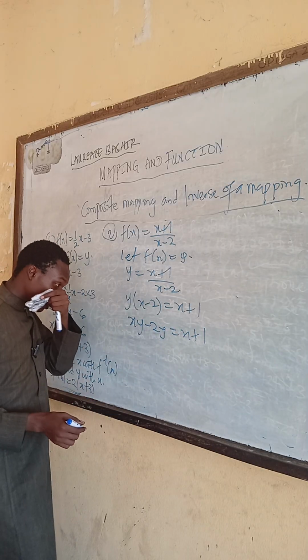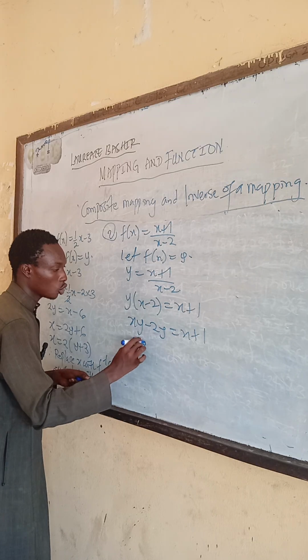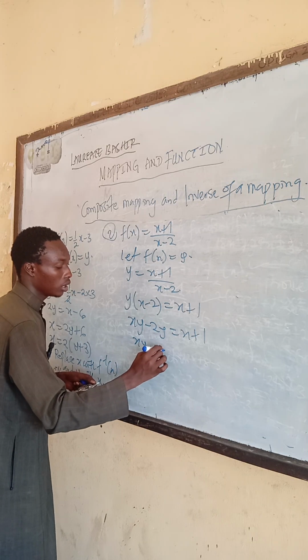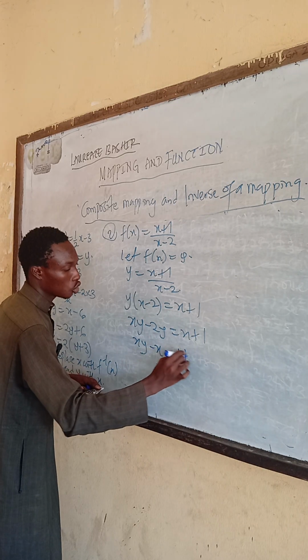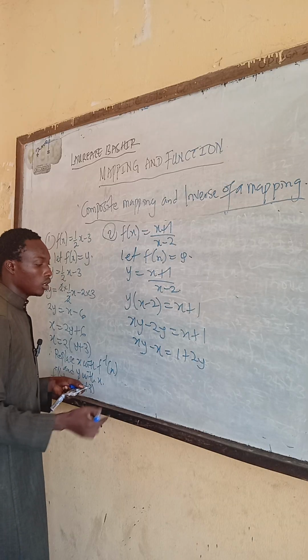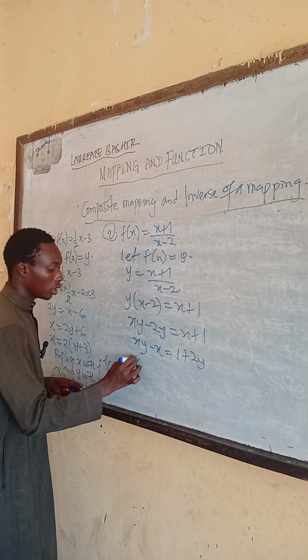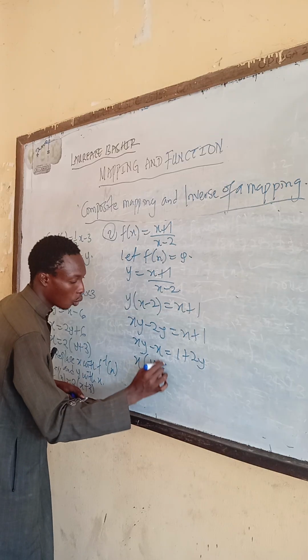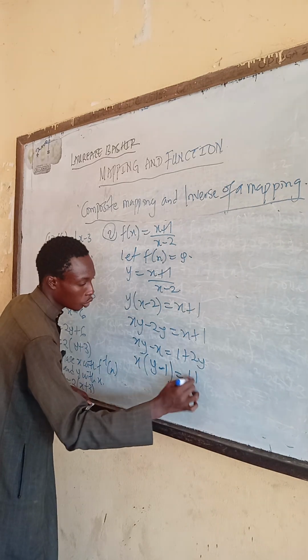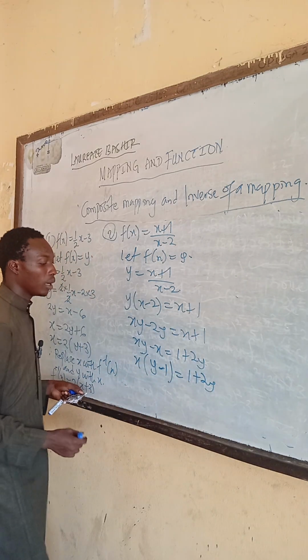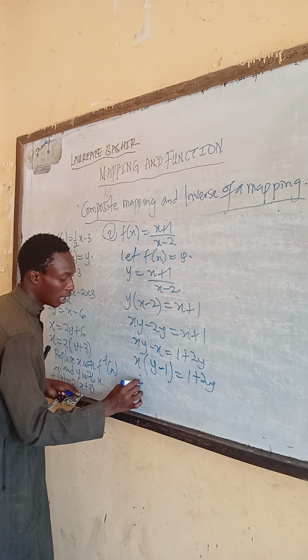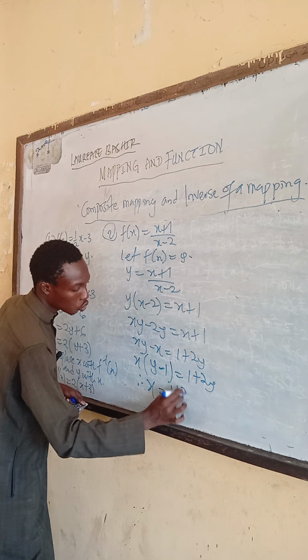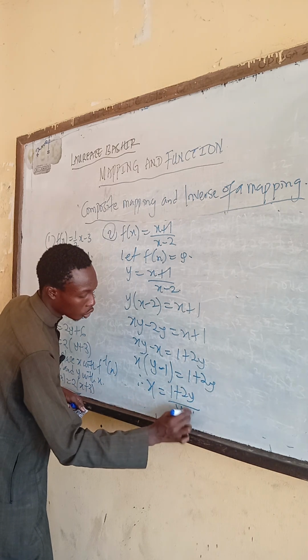You want to make x the subject, so collect terms. You are going to have xy minus x equals 1 plus 2y. What is common here? x. Factorize: open bracket, you are left with y, you are left with 1, everything equals 1 plus 2y. Divide this by y minus 1. Therefore, x equals 1 plus 2y over y minus 1.